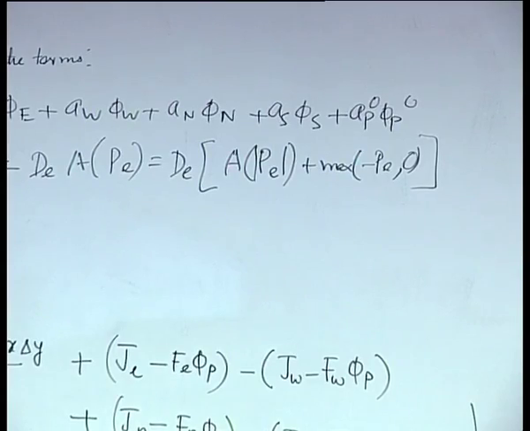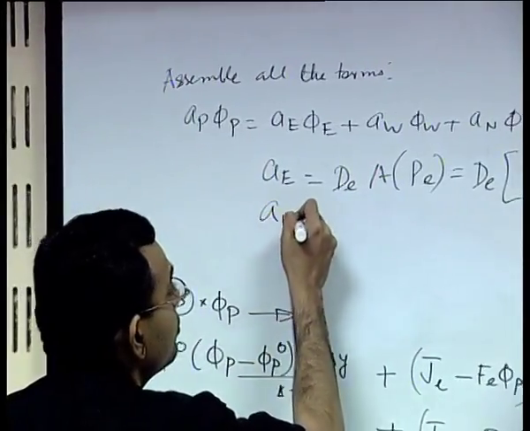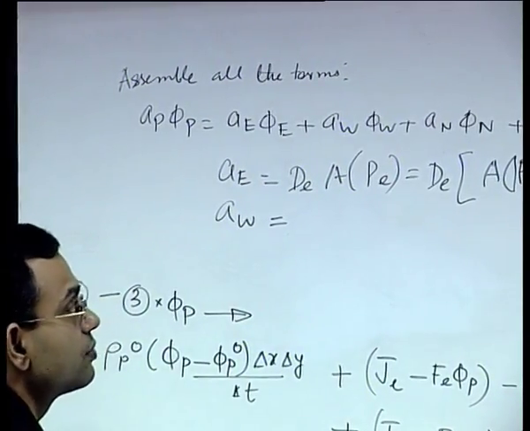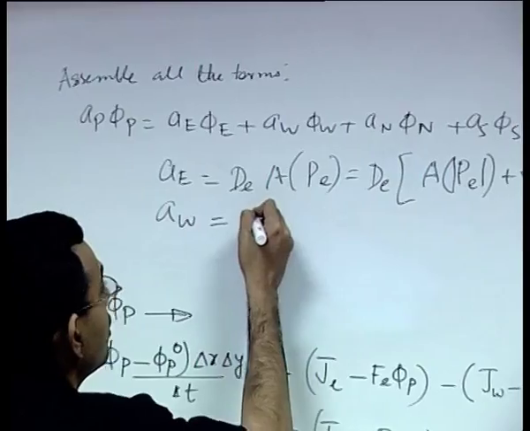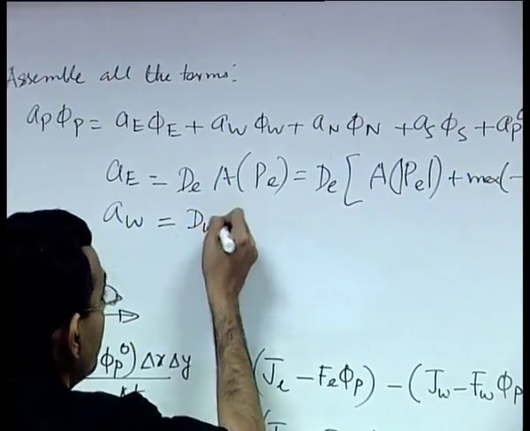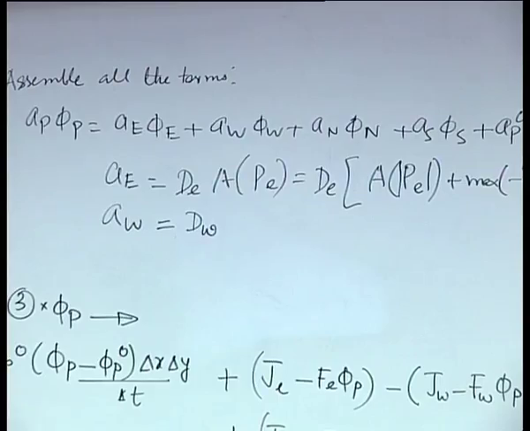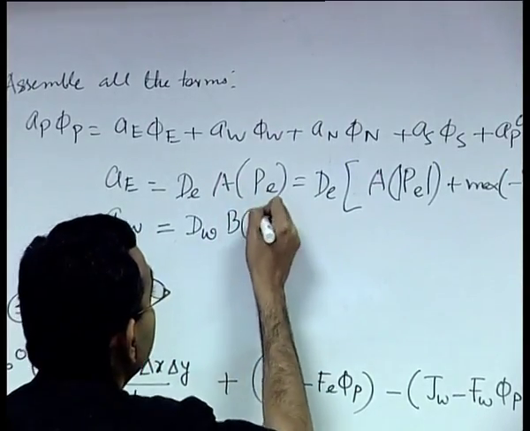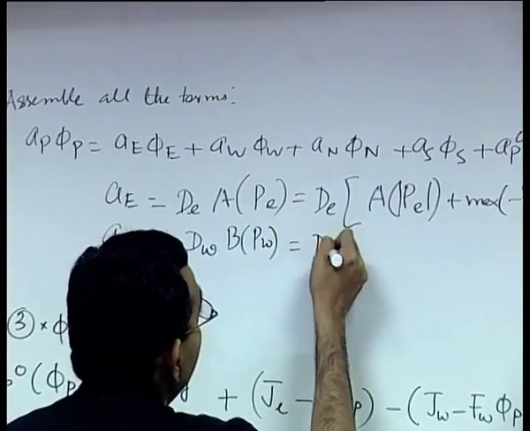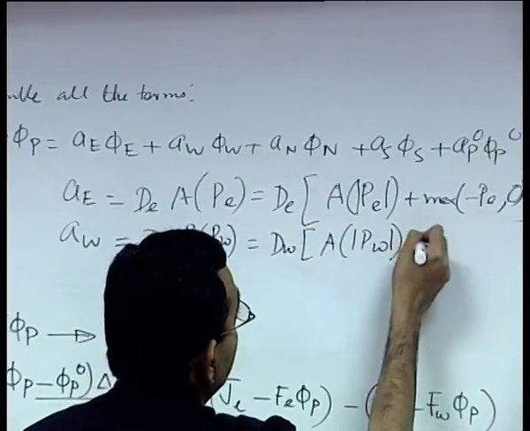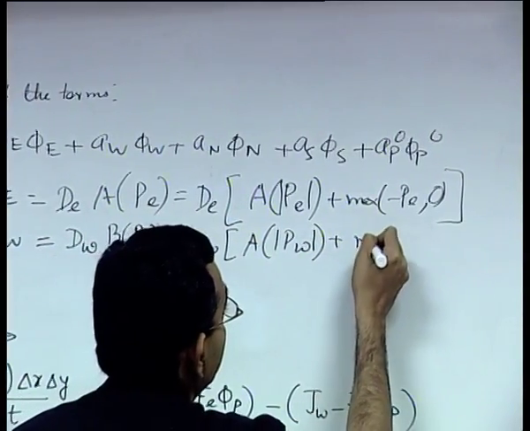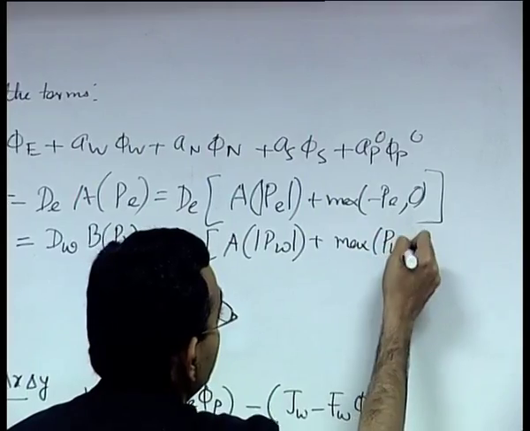Right. Similarly, AW is dW into B of PW, that is dW into A of mod PW plus max of PW, 0.